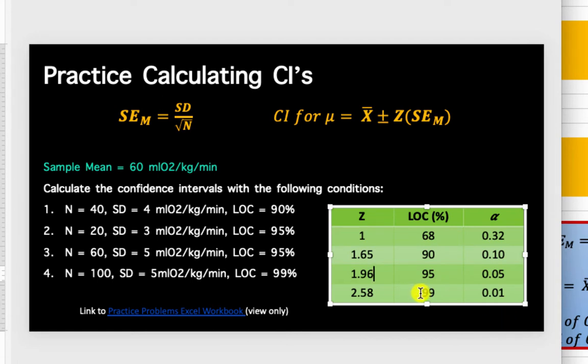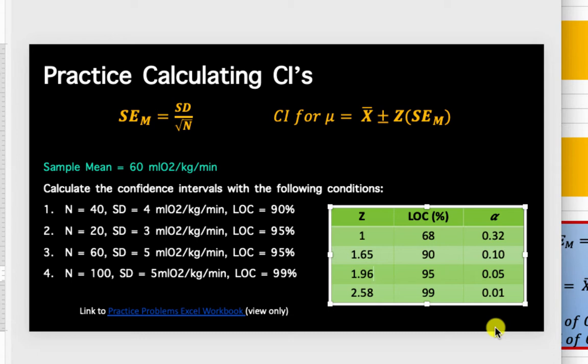So 1 minus 0.99, or 100 minus 99%, would give us 1% or 0.01, and so on for all of the other levels of confidence. So then this becomes our alpha, which helps us to determine if our sample mean is significantly different from our population mean. And we say population mean in quotes because we don't actually know what our population mean is for these types of examples.